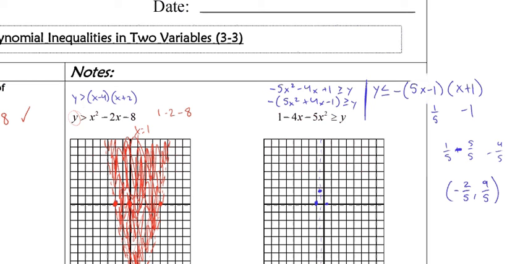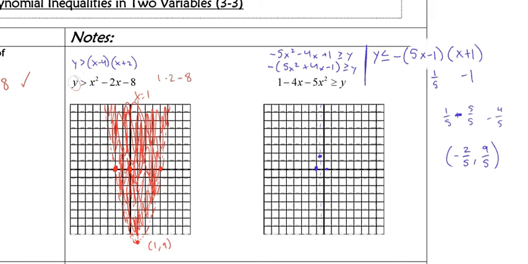There's the vertex, and this time it's y is less than or equal to. So I'm going to graph a solid line this time, because all the values right on the line are solutions that are equal to, and shading where y is less than, so shading below.